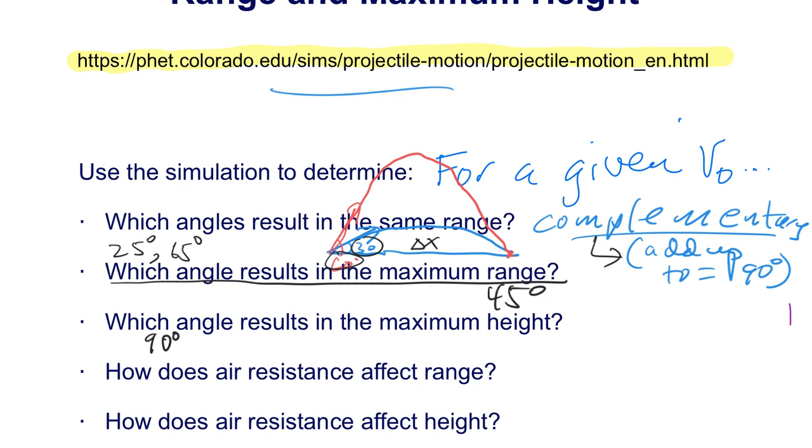How does air resistance affect range? Well, it will decrease the Vx over time, and so the range will decrease as well. The more air resistance, the less range you'll get.